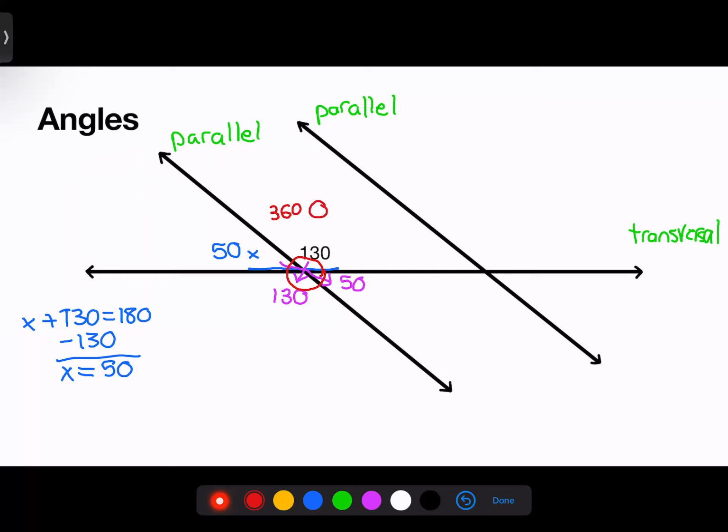That's another way to solve. Finally, because this line and this line are parallel and exact copies, whatever angles are over here will be the same measurements over here. We can copy these angles to the other line. With just one value, we were able to solve for all measurements.